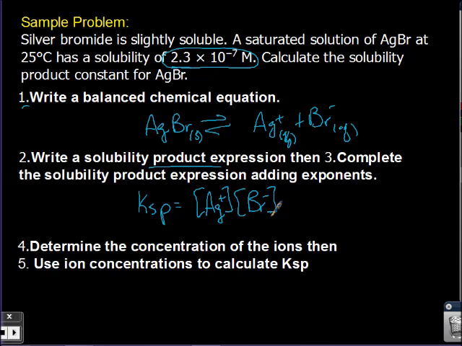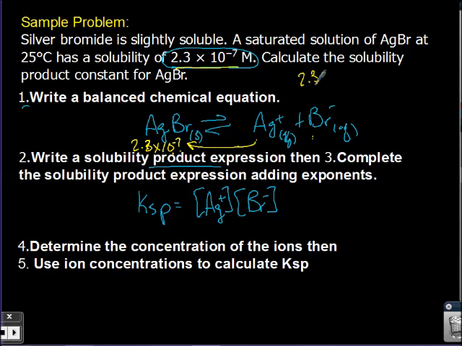This is going to be based on what I already knew. Well, I already knew that the solubility is 2.3 times 10 to the negative 7th. So the Ag and the Br have to be equal. They're both going to have to equal that number, because that's the solubility and it's a 1-to-1 ratio.